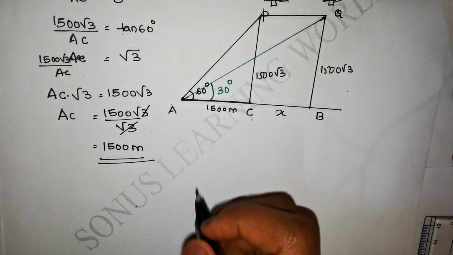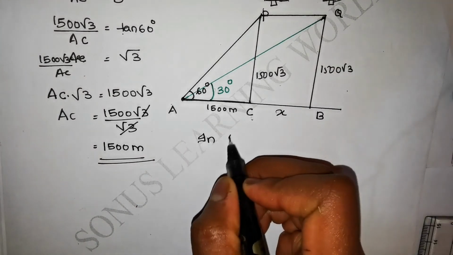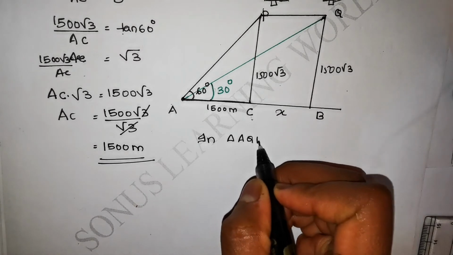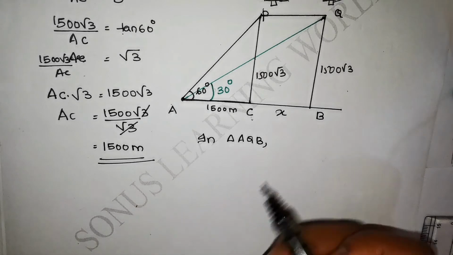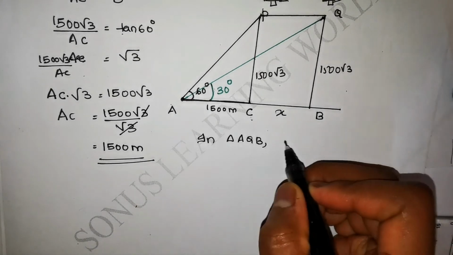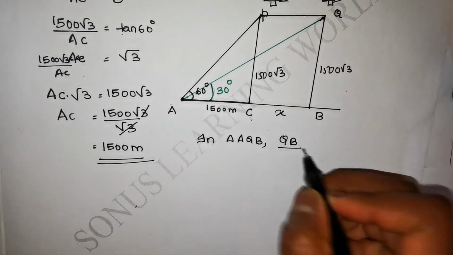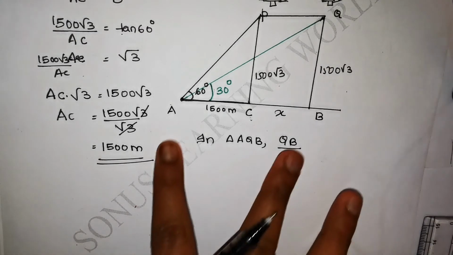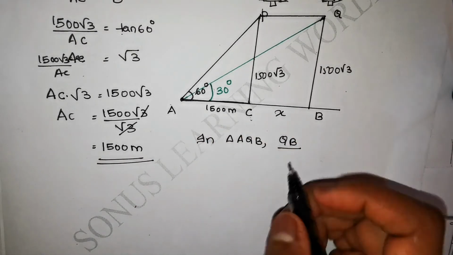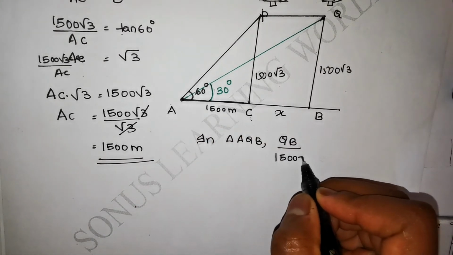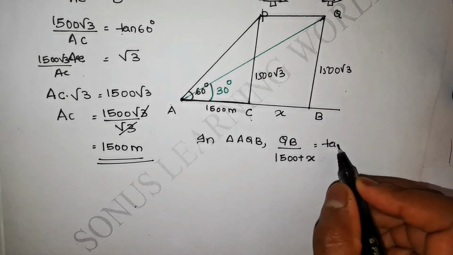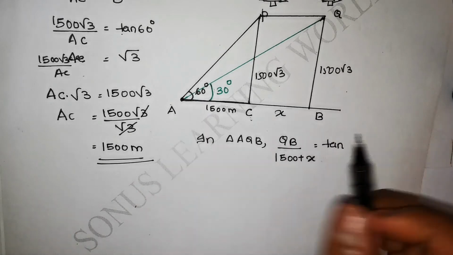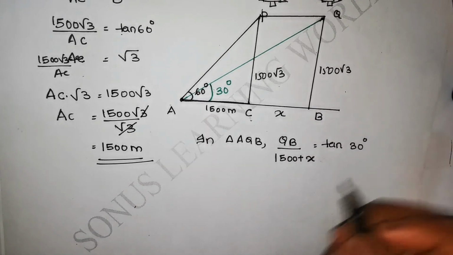In our triangle AQB, our perpendicular is QB, QB by our base 1500 plus x is equal to tan 30 degree.